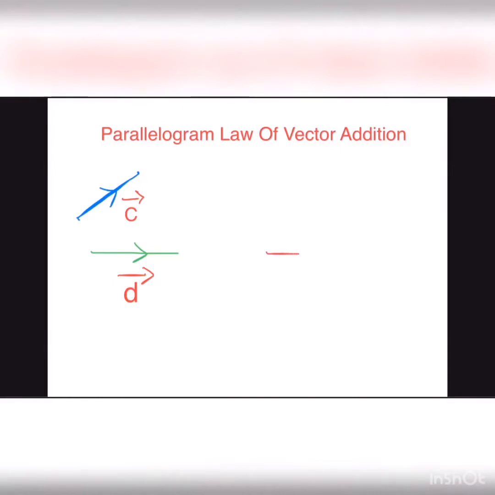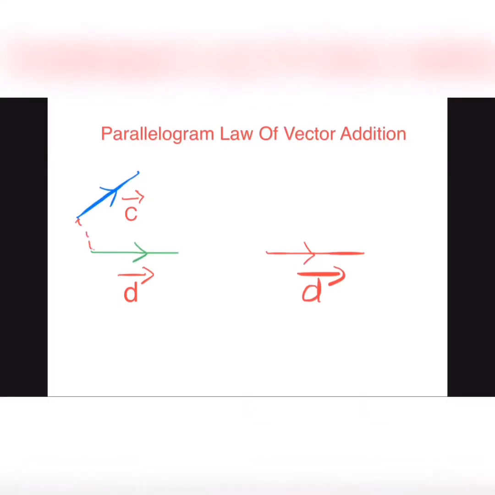Look, this is vector D, and if we displace vector C such that these two initial points coincide, that is vector C. Now their initial points coincide.